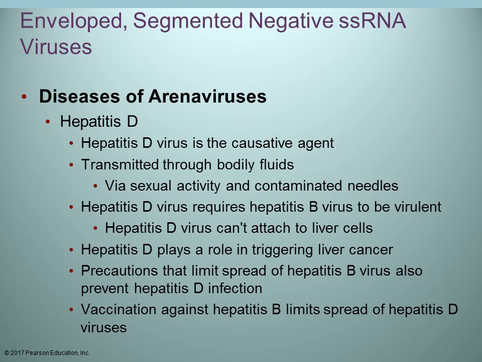So the idea is, because hepatitis D is dependent upon hepatitis B, if you prevent the spread of hepatitis B, then that should prevent hepatitis D infection. There is vaccination against hepatitis B, which seems to be helping also limit or decrease the spread of hepatitis D.